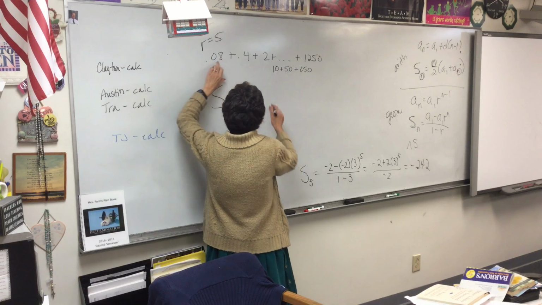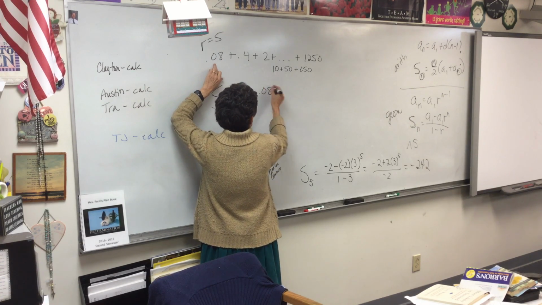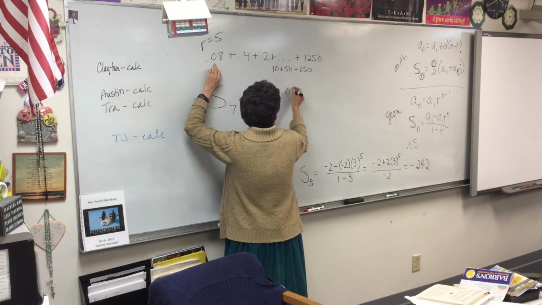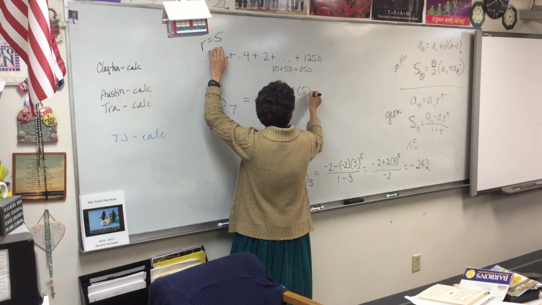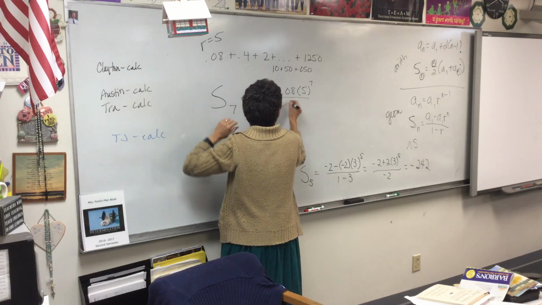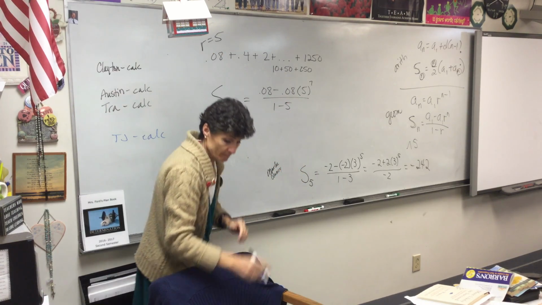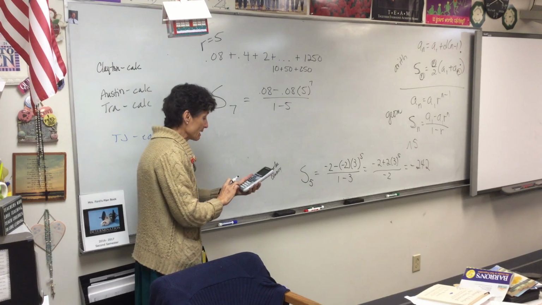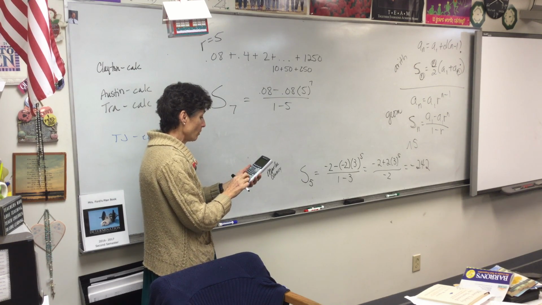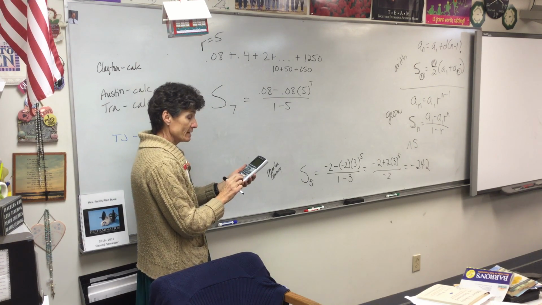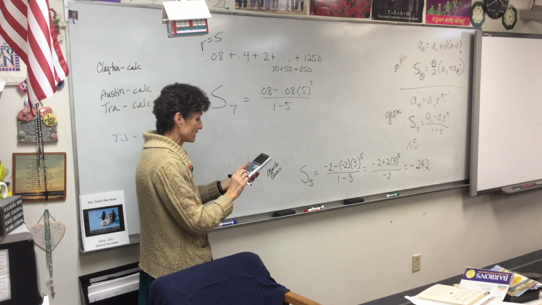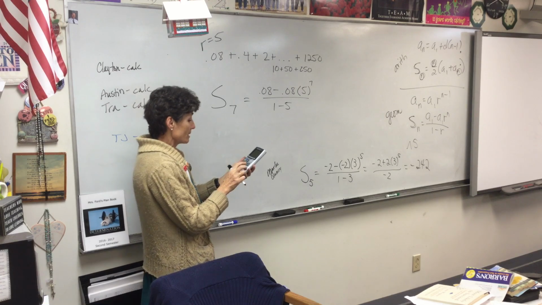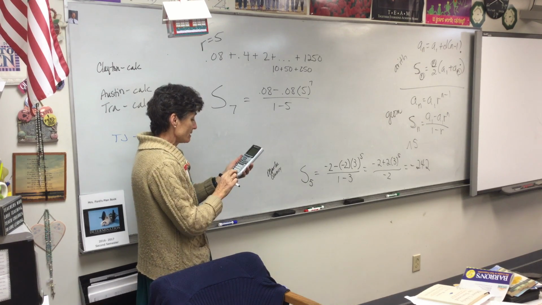Here we go. We're adding first term 0.08 minus 0.08 times, what did you say the ratio was? 5 to the 7 over 1 minus the ratio. So I'm going to type it on my calculator. 0.08 minus 0.08 times 5 raised to the 7 equals, divided by -4.